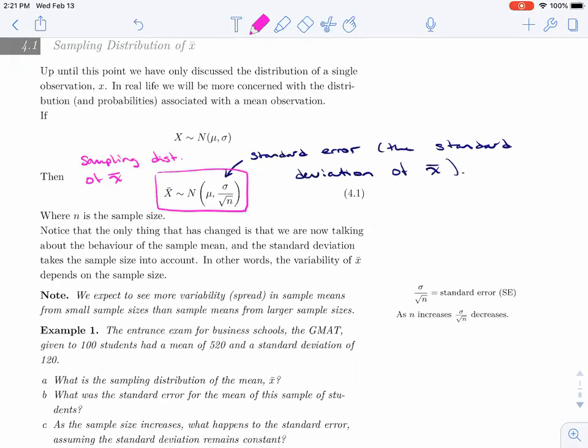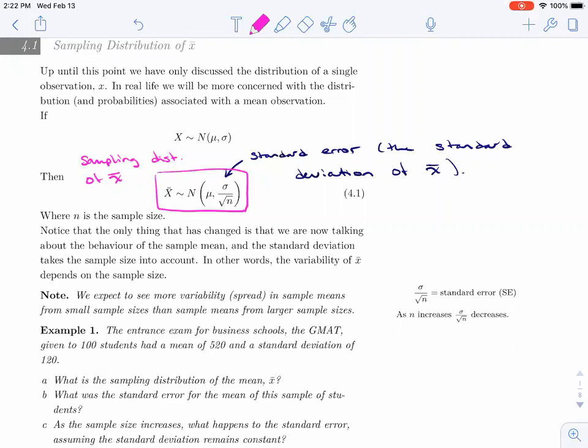And so what happens is that as n increases, as we increase our sample size and collect more and more of the population, the standard error is going to decrease. The square root of n is going to increase, just not as quickly as n is increasing. Then we divide sigma by that number, but that number is still increasing, so the result gets smaller. I've got that down here.